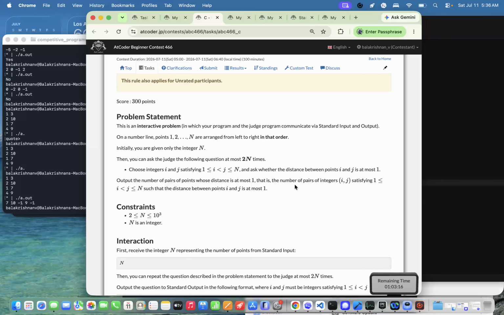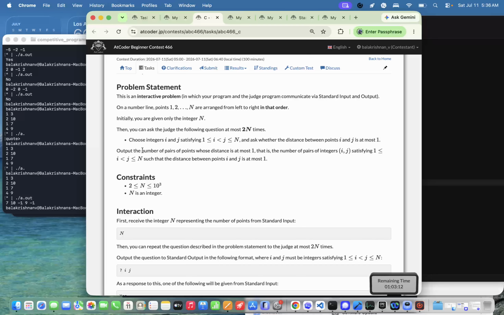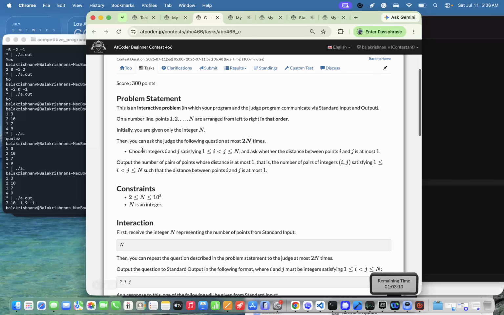Choose integers I and j and ask whether the distance of the point is at most 1. But the number of pairs is, distance is at most 1.